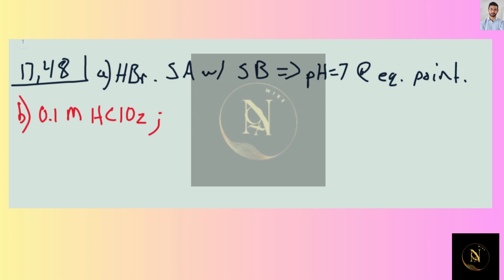And so when the acid has been neutralized, the only thing that will be left is the conjugate base, ClO2 minus, which will react with water to give an equilibrium product of the acid again and OH minus.